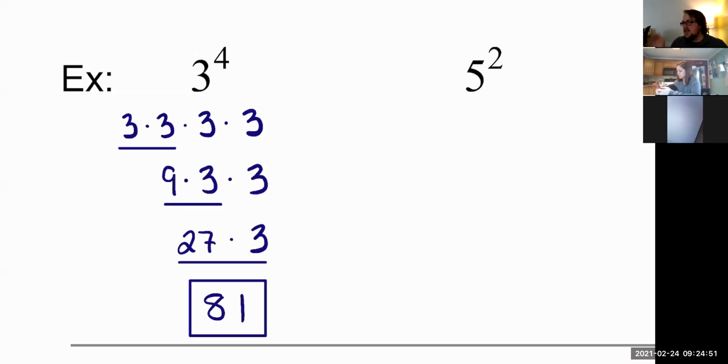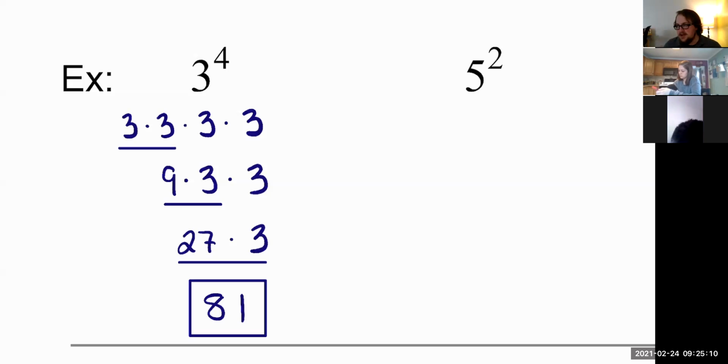Anytime I'm dealing with exponents, that is by far the most common mistake I stumble across, is that students will take the base, whatever value it is, and multiply it just directly with the exponent. That is not quite what we want to see.